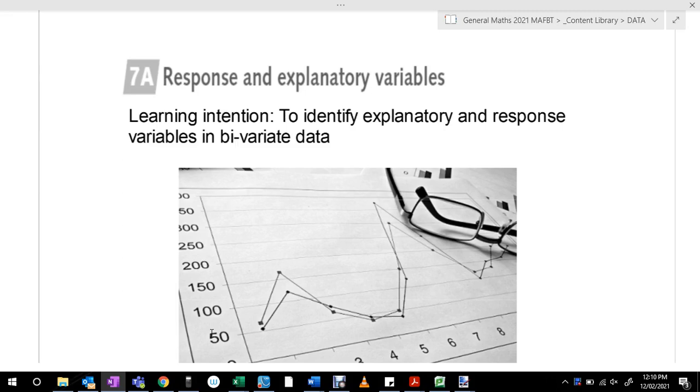Another way you might see these words is EV and RV. Explanatory EV, response RV. Or you might also see it as independent. So the EV is the independent variable and the RV is the dependent variable.